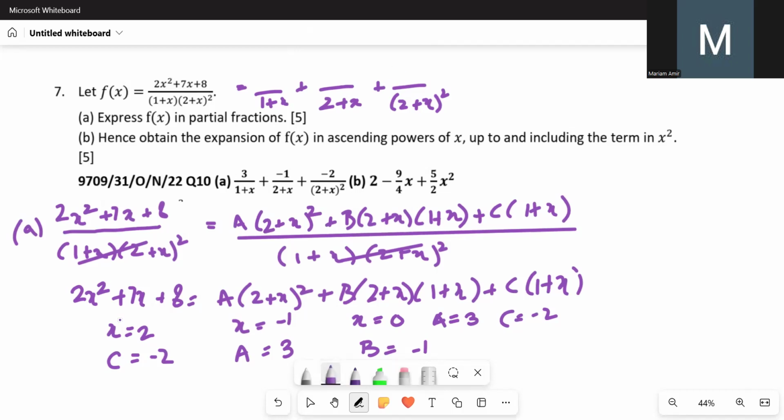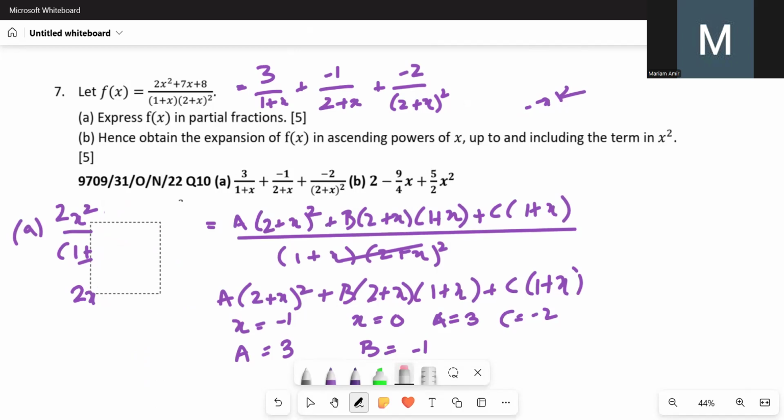So rewrite the fraction as 3 by (1 plus x) plus -1 over (2 plus x), and then -2 over (2 plus x) whole squared. Okay, so the first part is done.